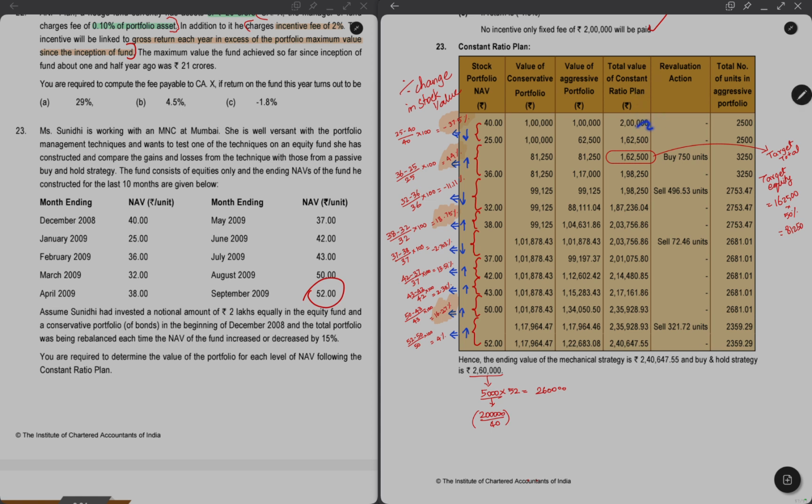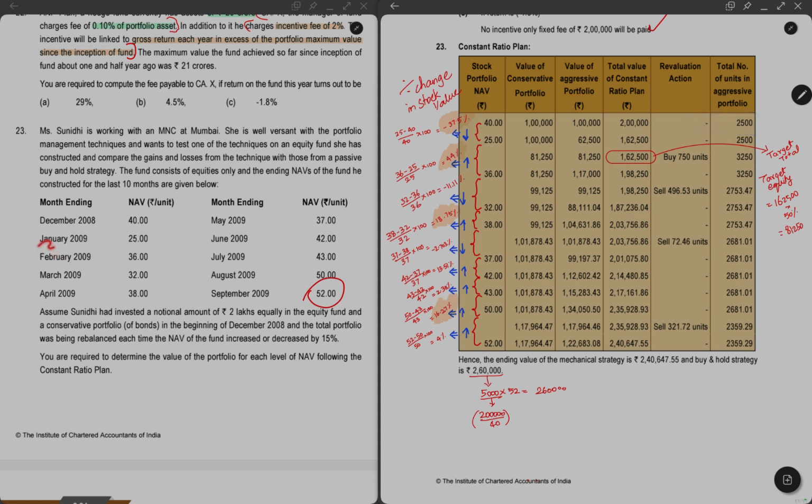Now total value of constant ratio, we have to maintain 50:50 ratio. So total divided by 2, we have to maintain the ratio if it triggers the rebalancing percentage. In the first case, 40 rupees is the NAV, 1 lakh each in the conservative plan and aggressive plan, and the total number of units in the aggressive portfolio is 2500.